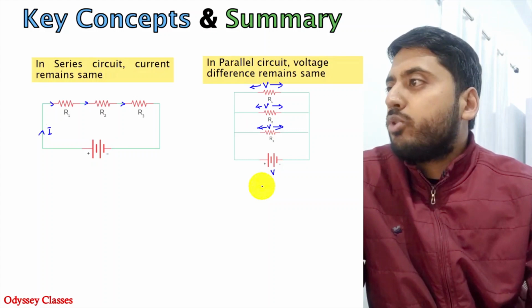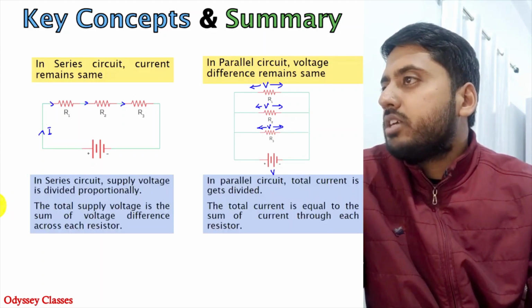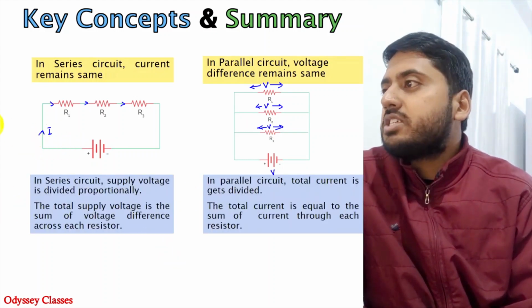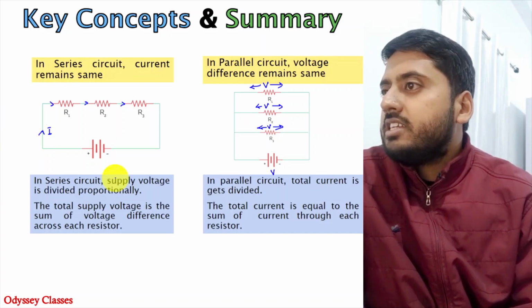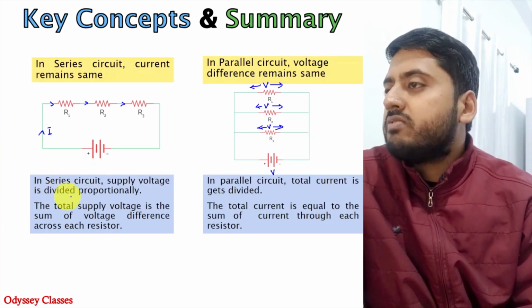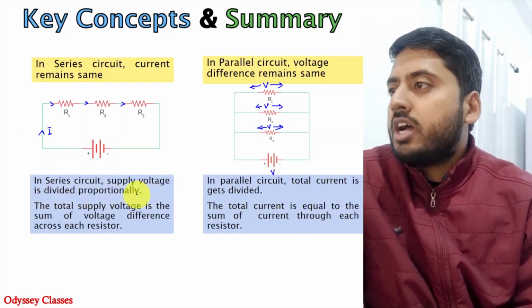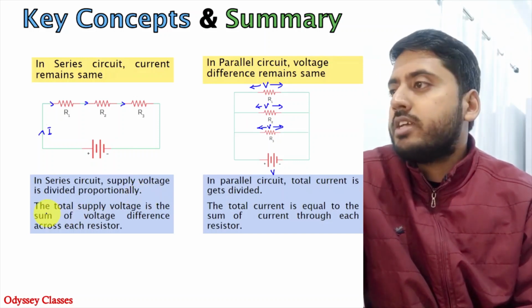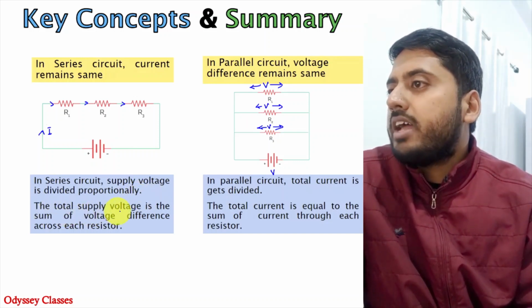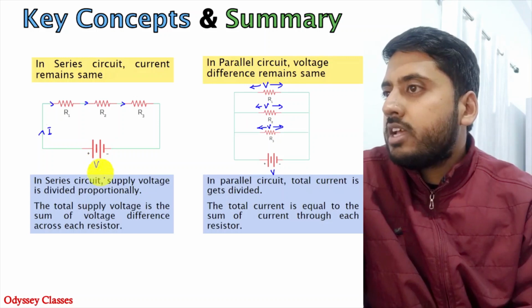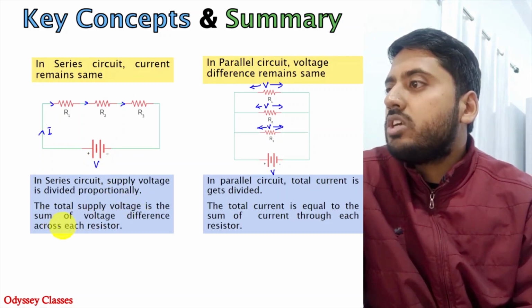Now, what's point number 2? The key concept is, in a series circuit, the supply voltage is divided proportionally. You can understand this in a different way. You can say the total supply voltage, that is this one, is the sum of the voltage differences across each resistor.